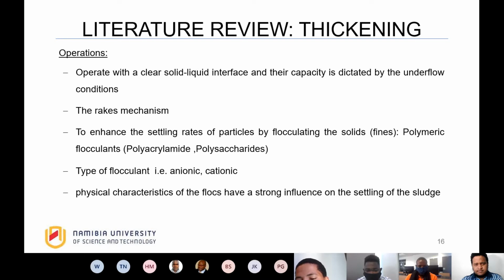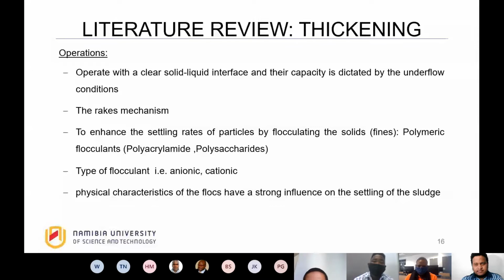The thickener has a rake mechanism, and this assists with the material that is settling down so that it can move it close to the discharge, which is now our underflow, for us to recover as much solids as possible to our tailings facility.